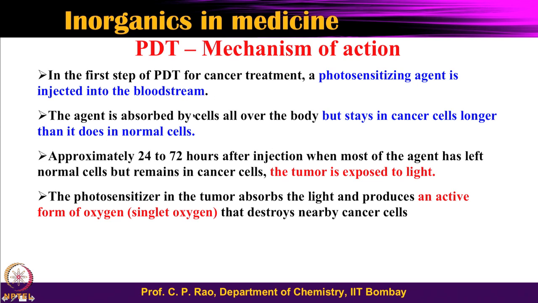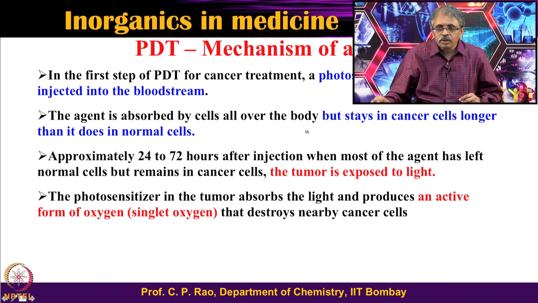So, in the first step of PDT for cancer treatment, a photosensitizing agent is injected into the bloodstream. The agent is absorbed by the cells all over the body, but in the cancer cells it stays on, and from normal cells it comes out. That is why you have to flush with fluid and allow 1 to 3 days after the injection is given, so that the other things will go out.